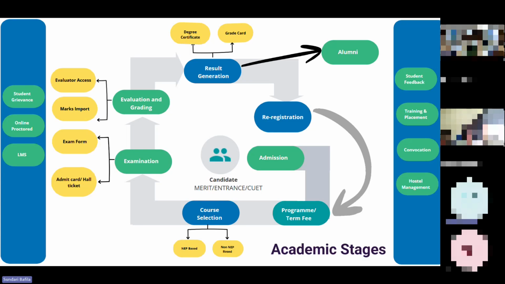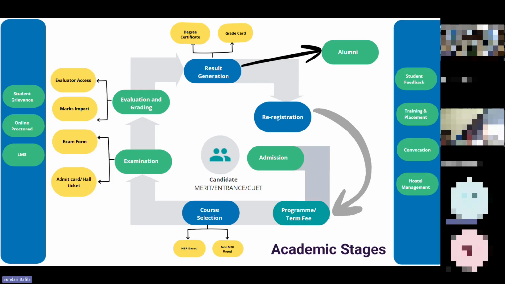Then comes the examination process. The student fills the exam form and downloads the admit card. Teachers evaluate the papers and marks are updated in the system. After that, results are generated and students can download their mark sheets, grade cards and digital certificates. Once the result is declared, students either move to the next semester or year, or complete their program.